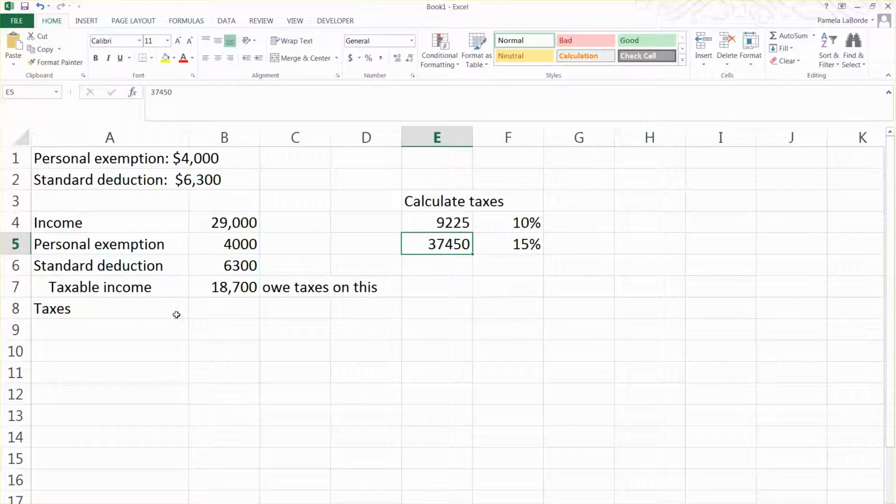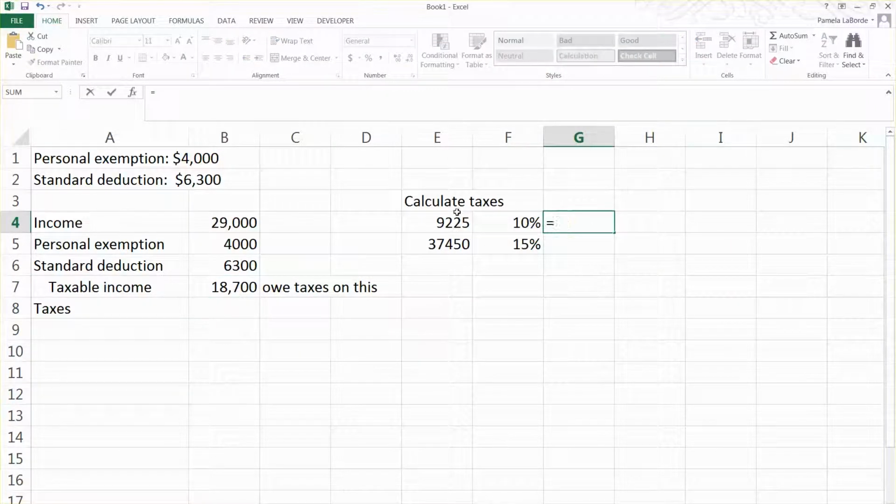Now their taxable income is only 18,700. So some of it will fall in this category and some of it will fall in this category. They don't make anywhere close to the 37,450 that would switch them to the next higher bracket. So first I need to figure out the tax they're going to pay on the first $9,225 of their 18,700.